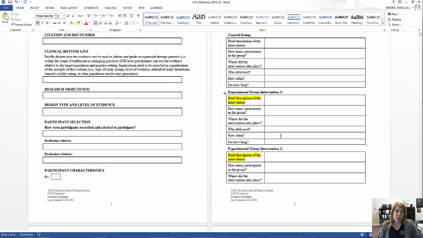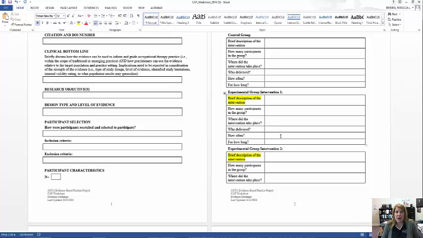So for instance, I probably wouldn't be doing this research, but let's make it OT related. Say I was doing research on how music affects range of motion, which there are some studies about. But say one of the articles has as their intervention something about feeding for some reason.